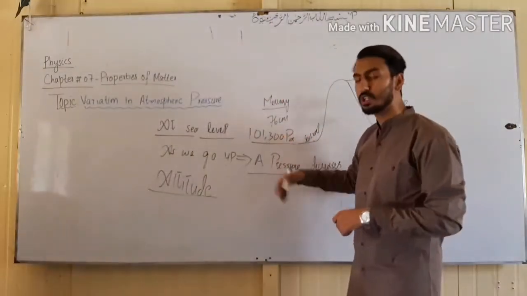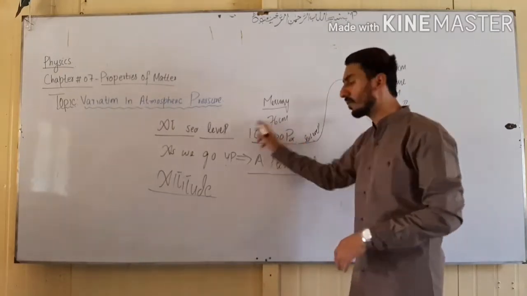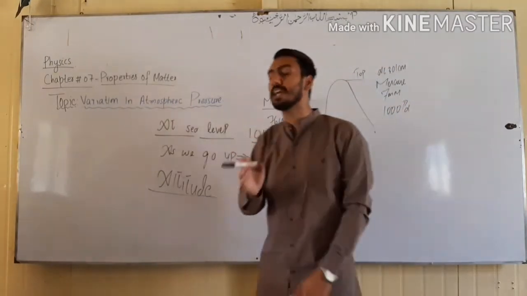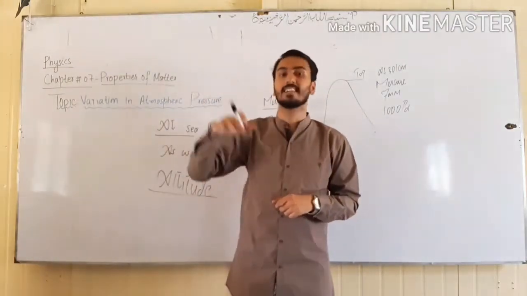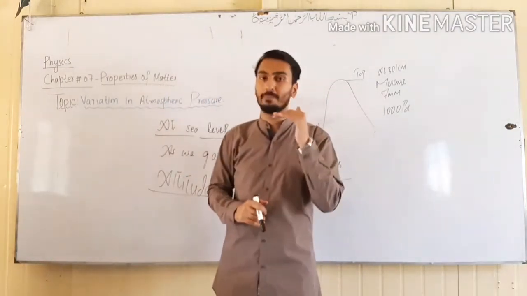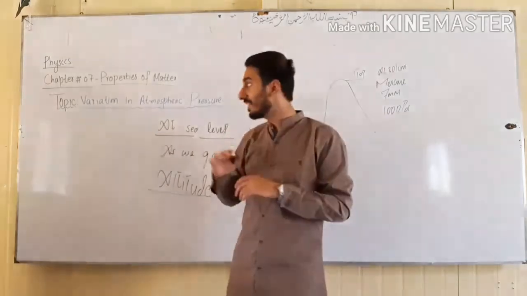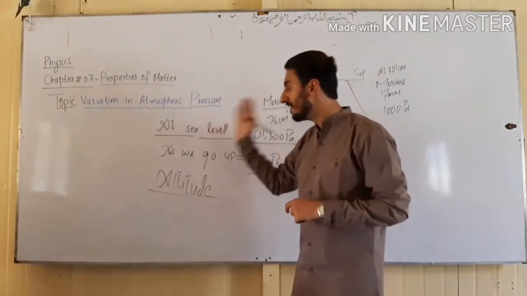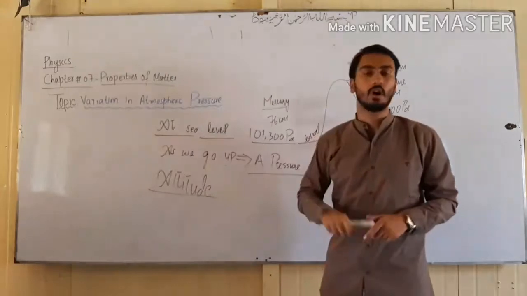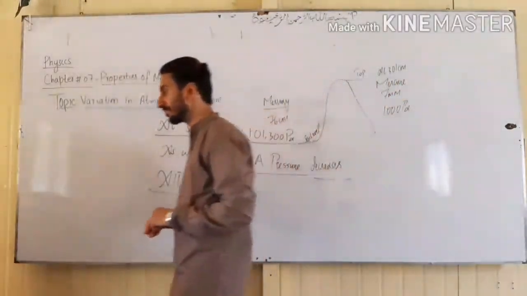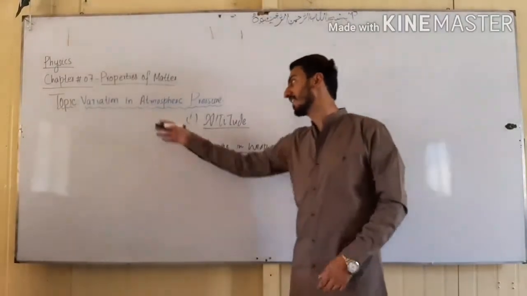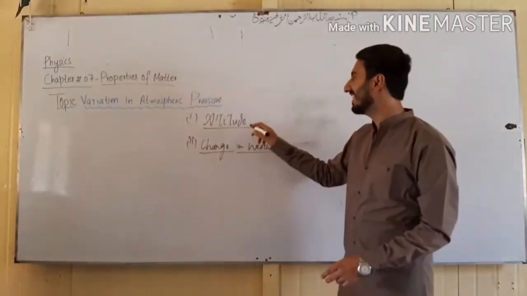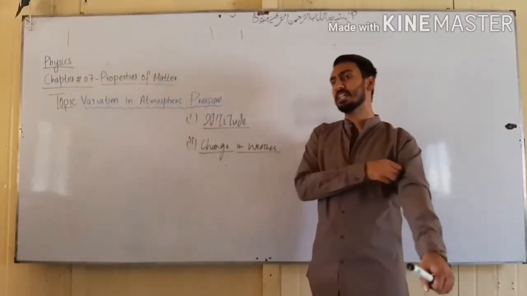If the atmospheric pressure of this city is less than 101,300 Pascal, we can say that the altitude of the city Muzaffarabad is higher than sea level. So as we go up, the atmospheric pressure decreases, and with the help of atmospheric pressure, we can find out the altitude of any place.